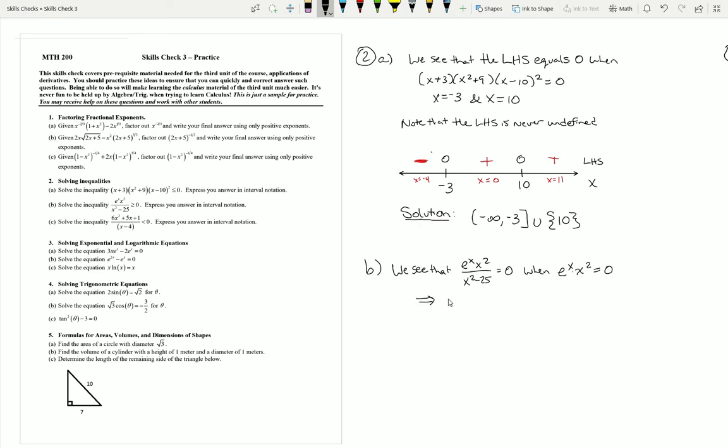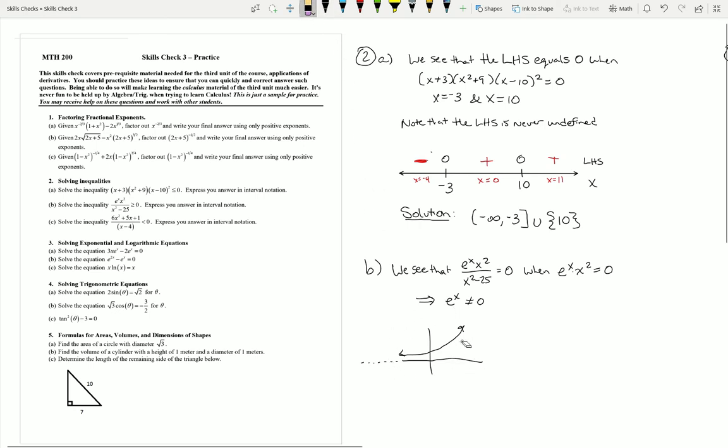Well, notice that e to the x actually cannot equal 0 because if I think about just the quick graph of e to the x, again, it's one of our graphs to know, I recognize that the x-axis is a horizontal asymptote of this graph, and therefore this function never hits 0.